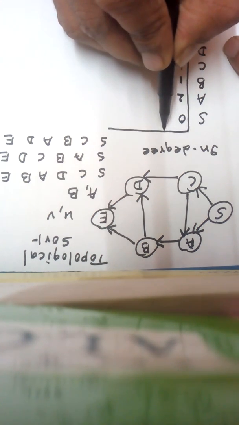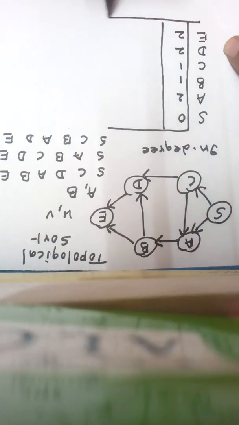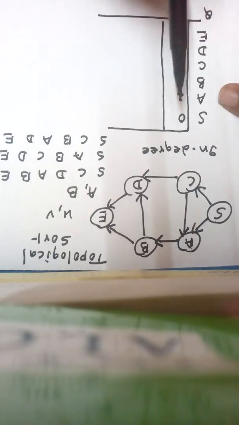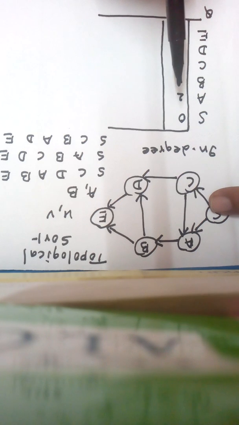Now we are going to use a Q. To start with, we are going to NQ the vertices with in degree 0 during each iteration. So when we DQ that vertex, we are going to remove that vertex from the graph by detaching the edges for the adjacent vertices.